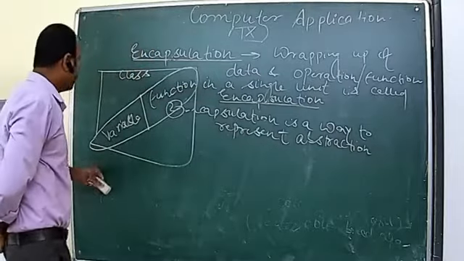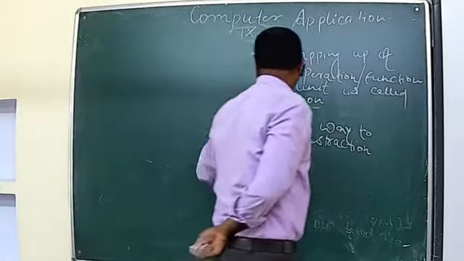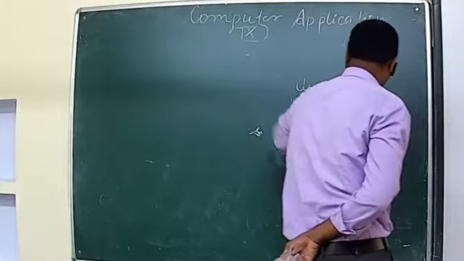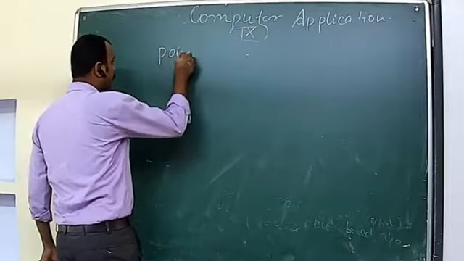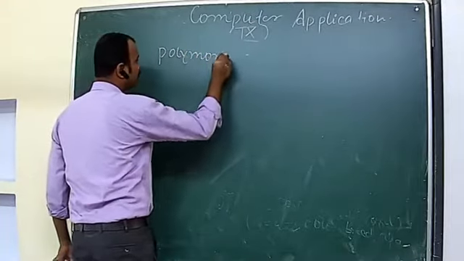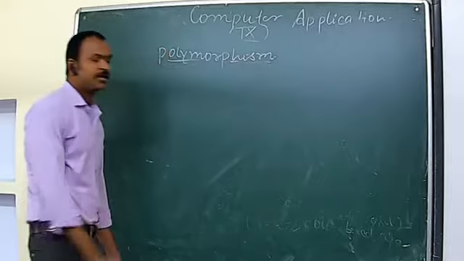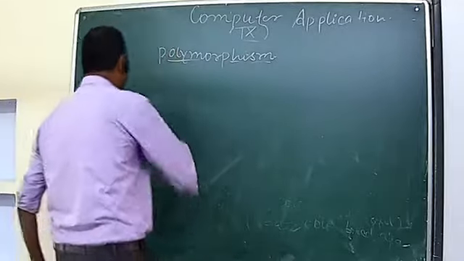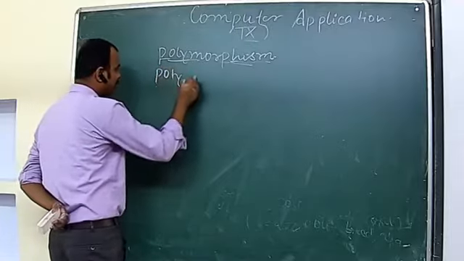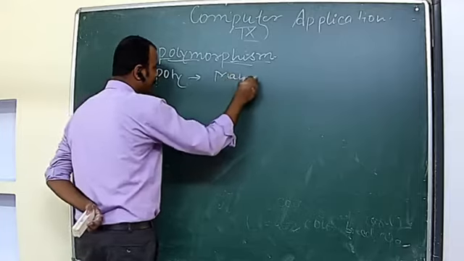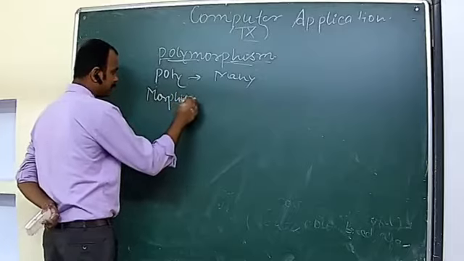Let's go for the next one, polymorphism. This concept is made up of two Greek words: poly means many, and morphism means forms.